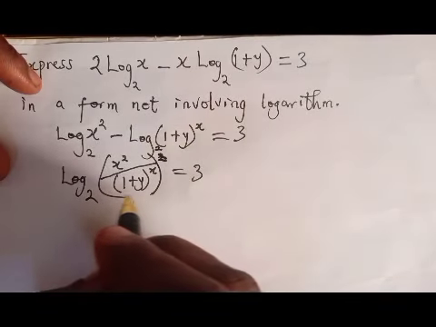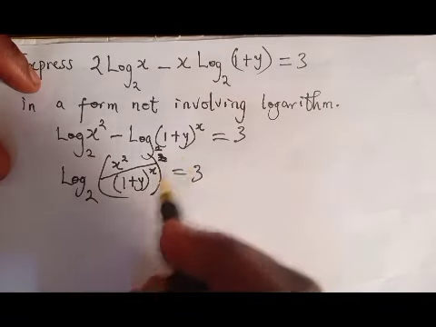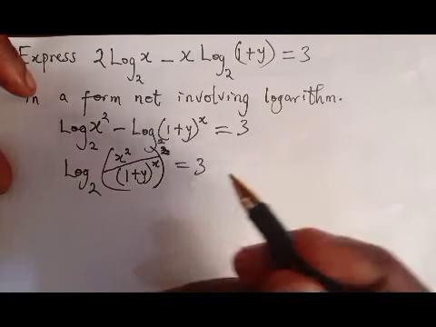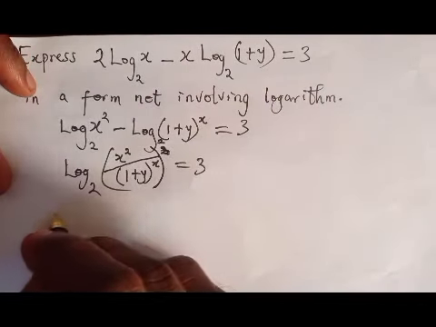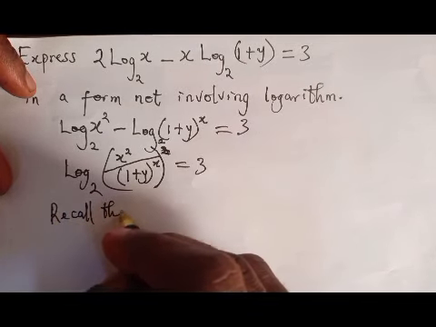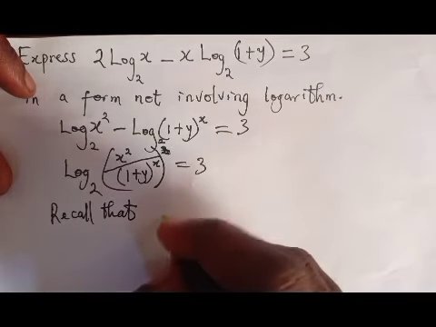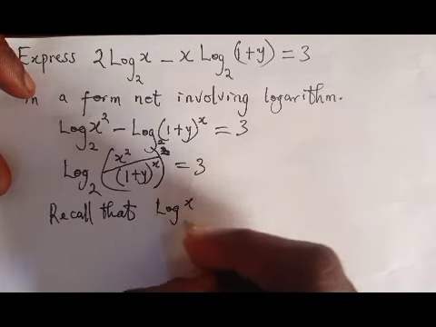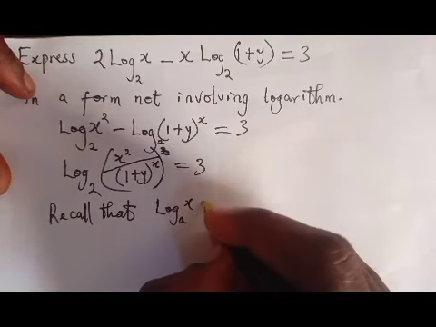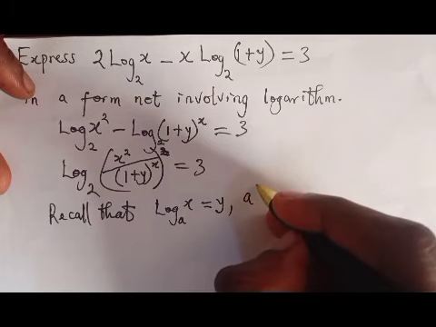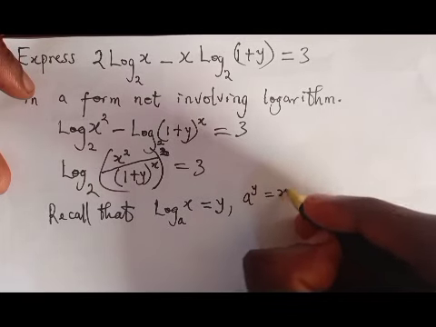All right. Now remember one of the laws of logarithm we talked about. Recall that if log x in base a equals to y, it therefore means that a raised to power y equals to x.